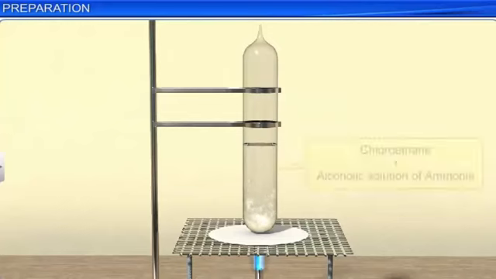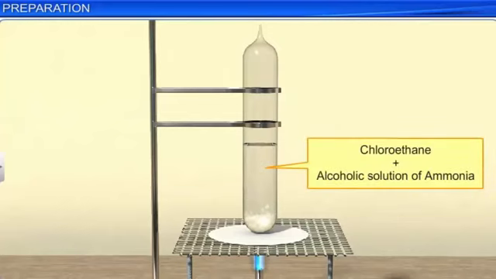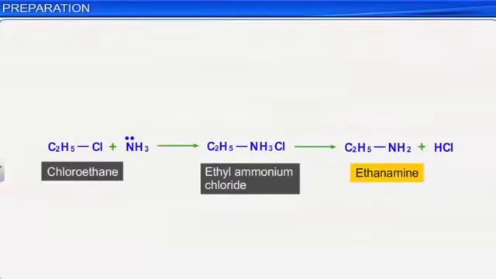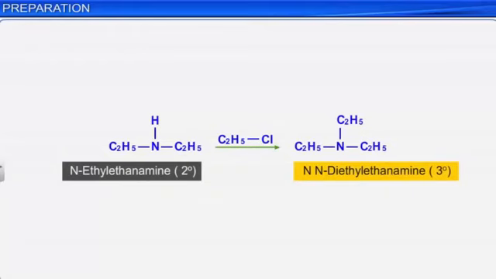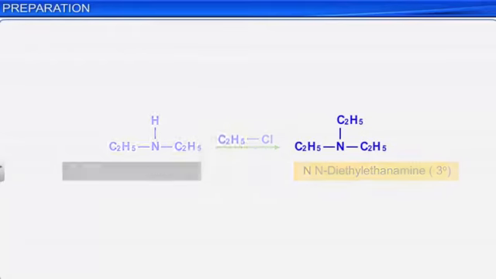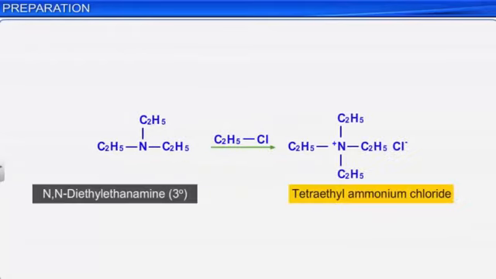For example, when a mixture of chloroethane and alcoholic solution of ammonia are heated in a sealed tube at 373 Kelvin, a mixture of ethanamine, N-ethylethanamine, N,N-diethylethanamine, and tetraethyl ammonium chloride salt is produced.